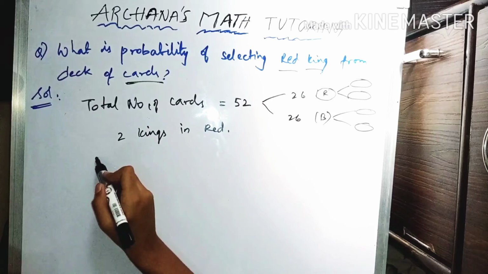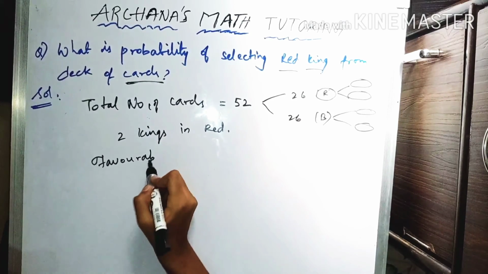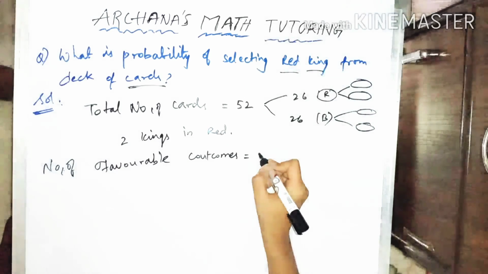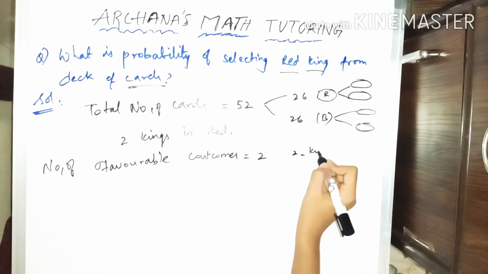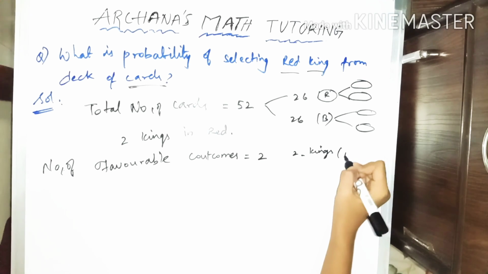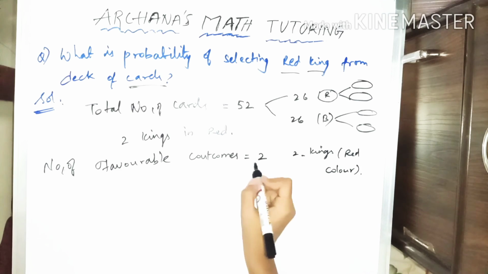The favorable cases for us: the number of favorable outcomes are 2, because in a deck of cards we will be having two kings which are in red color. So these are the two chances.